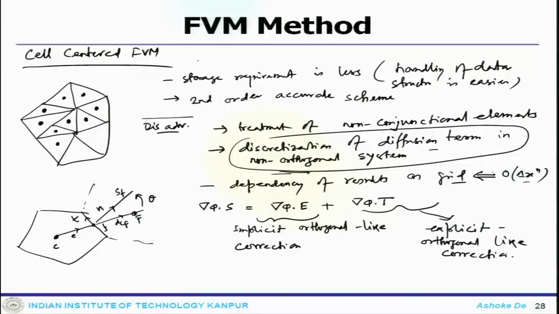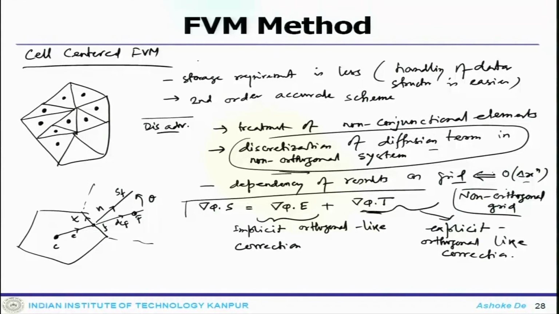So, if you see that now if the theta increases, the contribution of this term would be more. Okay. So, in that case this discretization may not remain robust. So, this is a situation when the non-orthogonality will come, non-orthogonal grid or the system, this will become.